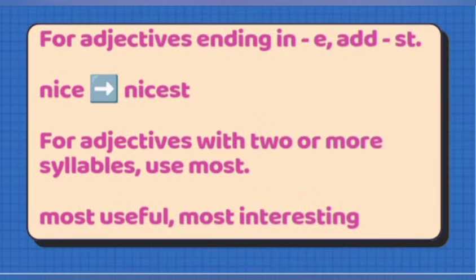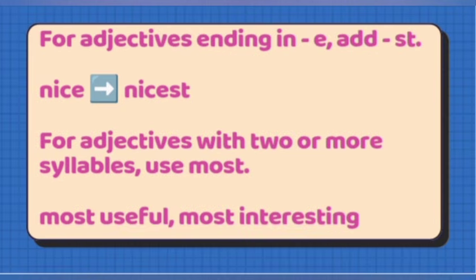For adjectives ending in e, add st. If you find an adjective in the base form or in the positive form which is ending with e, so what you will do? You will only add st. Nice, nicest.